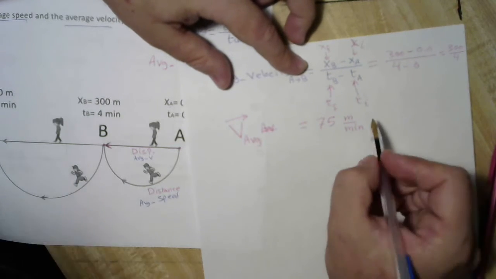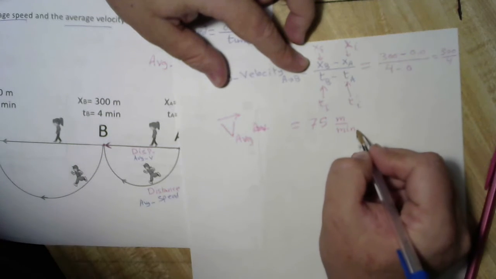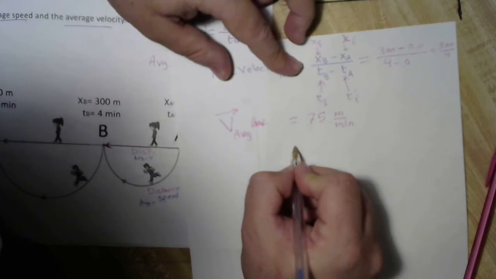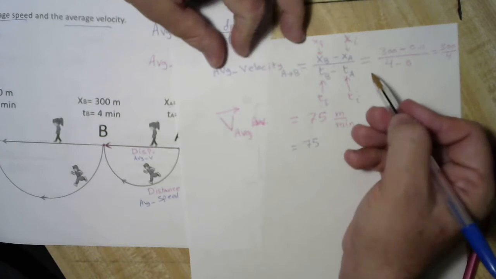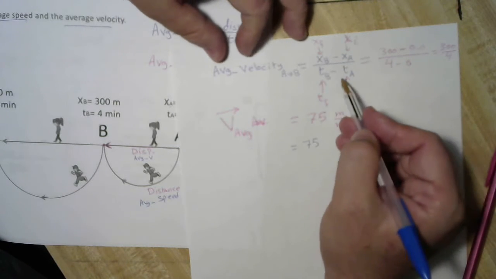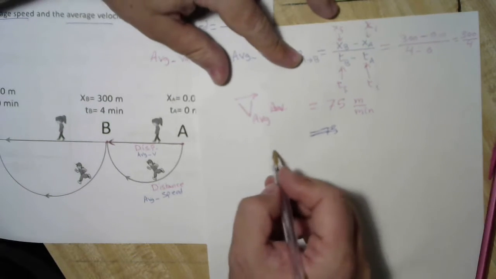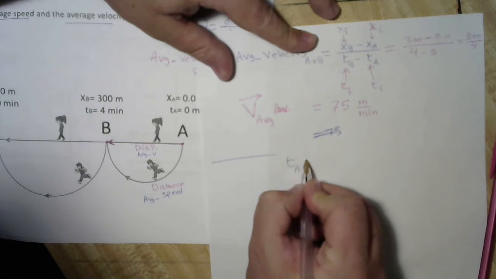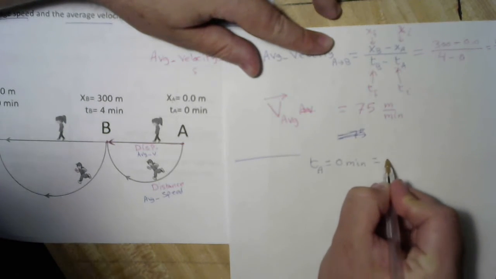Okay, now I need to use seconds, not minutes, in my units. From the beginning I can change the time to seconds. TA is equal to 0 minutes, which is equal to 0 seconds.